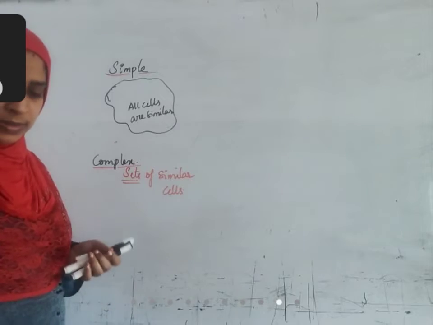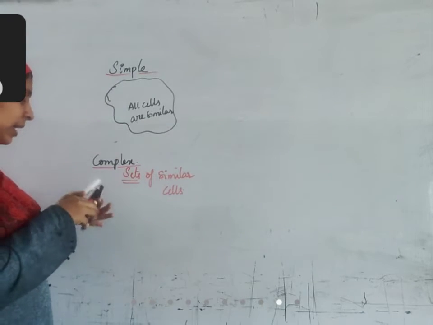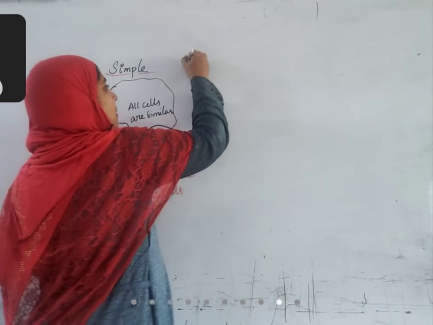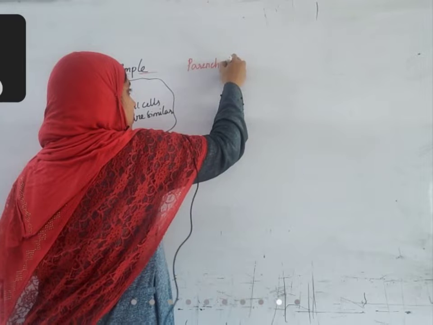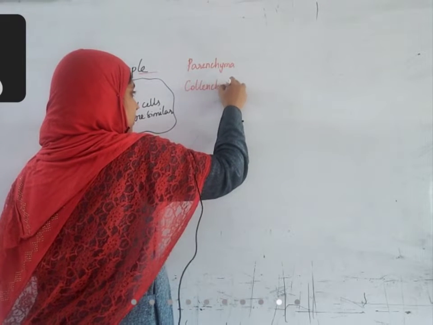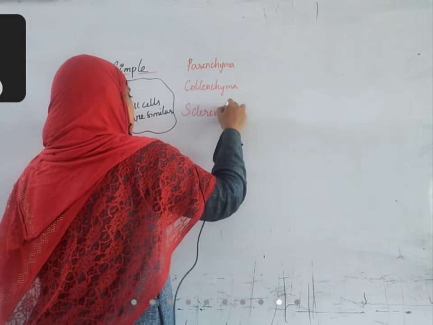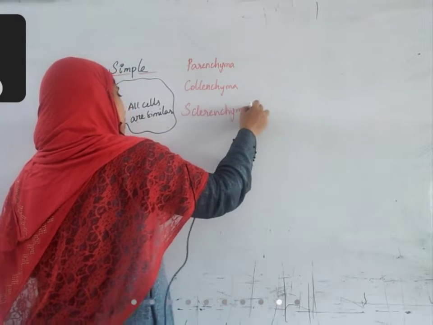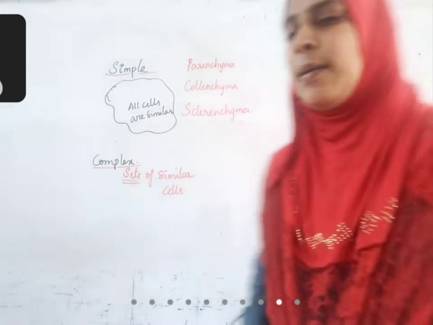Simple permanent tissue is divided into parenchyma, collenchyma, sclerenchyma. What is the difference between these three cells?